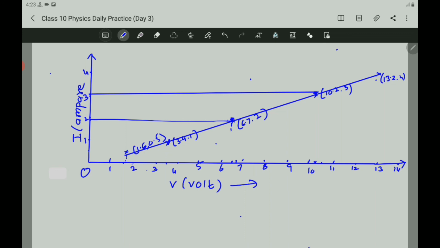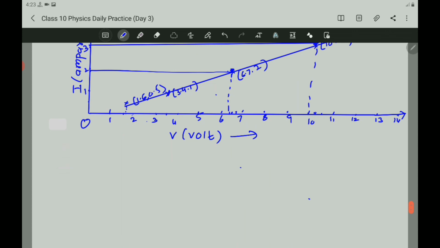With the two points, R equals V2 minus V1 divided by I2 minus I1.